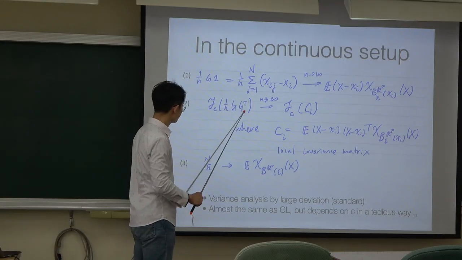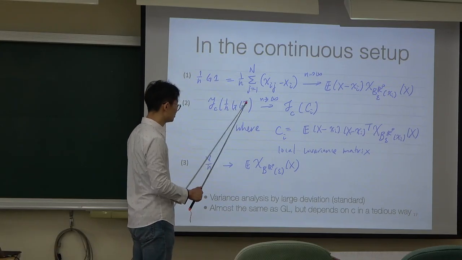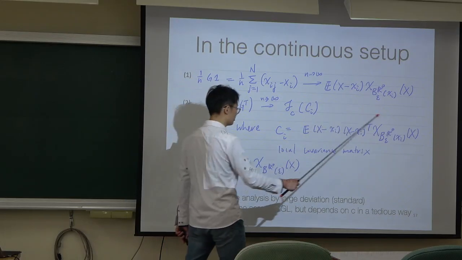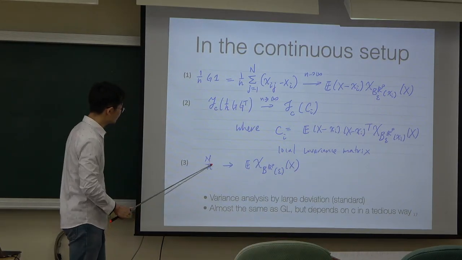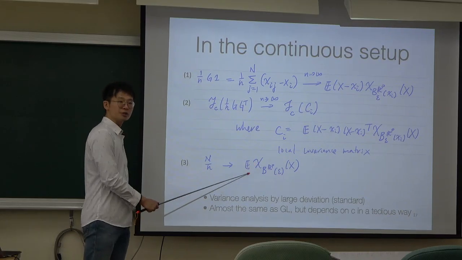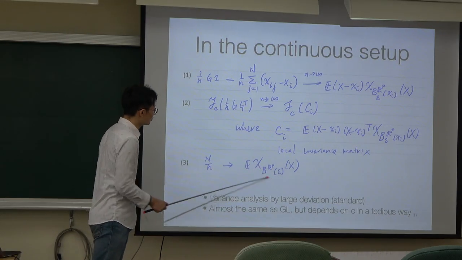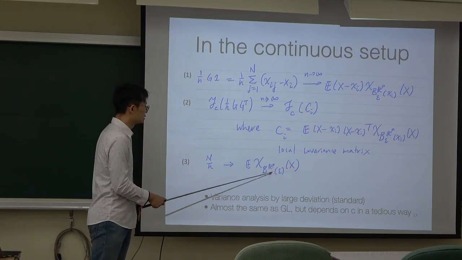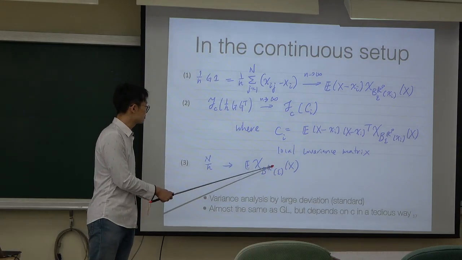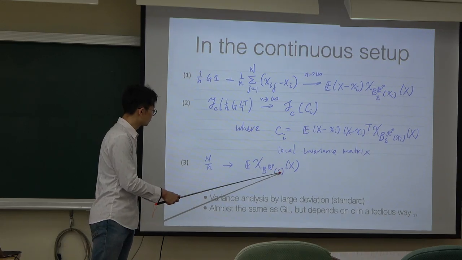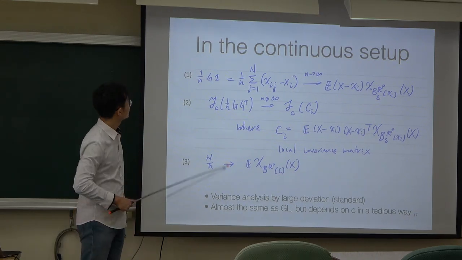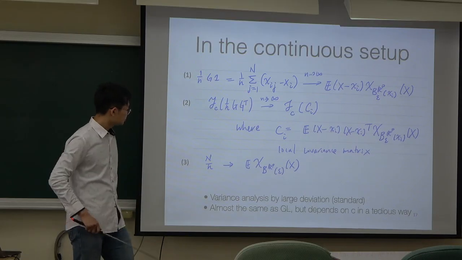This is a local covariance matrix, and this is the local covariance matrix in a continuous setup. And the capital N divided by n will converge to another random vector, which is supported on the ambient space ball centered at x of radius epsilon. That is what we expect.